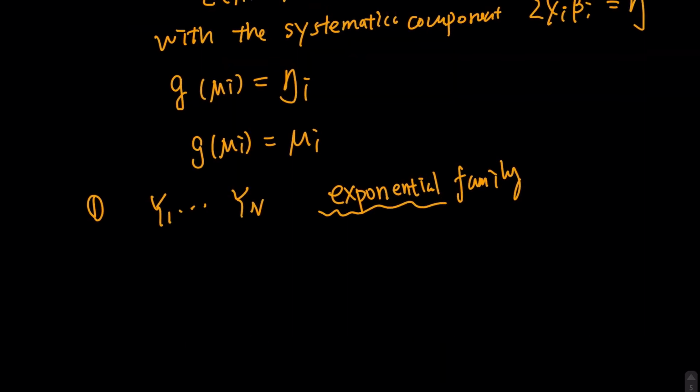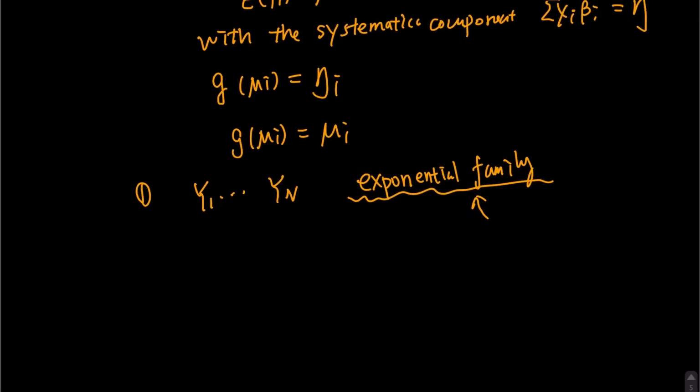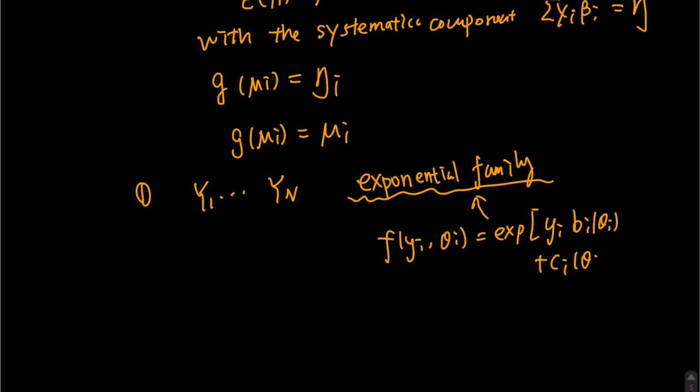I have another video that goes into details of what exponential families are, but basically any distribution of the form exp of yi bi(theta i) plus ci(theta i) plus di(yi), any distribution of the following form, is in the exponential family.